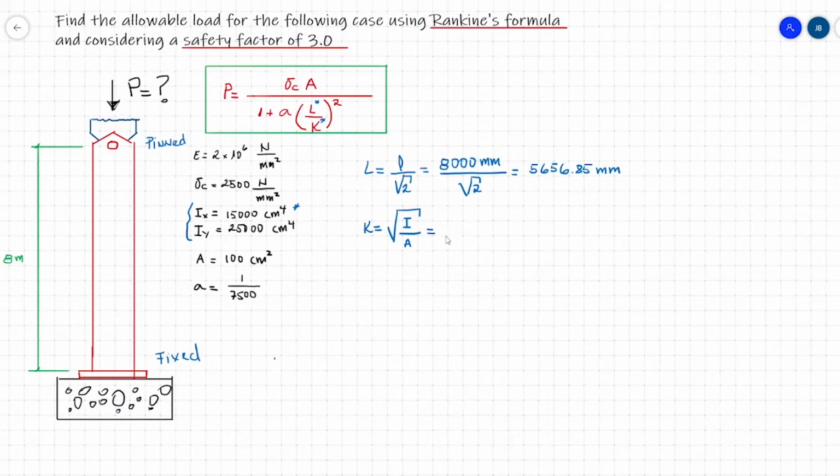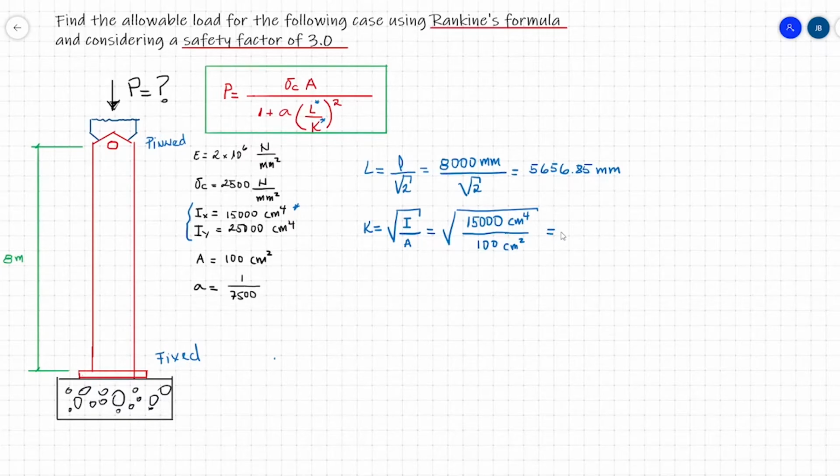So we have here the radius of gyration is 15,000 divided by the area, which is, okay, this is centimeters squared. It's written like that so we don't have so many zeros here. Divided by the area, which is 100 centimeters squared.